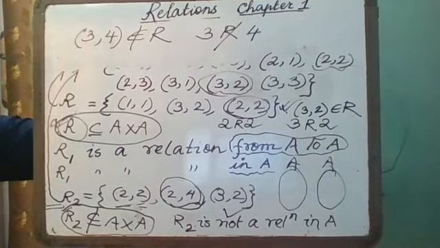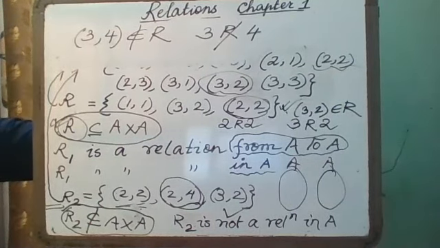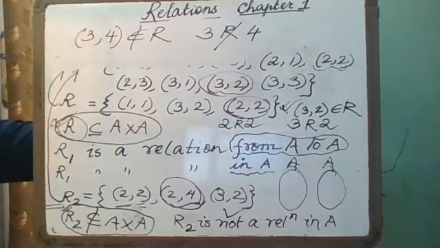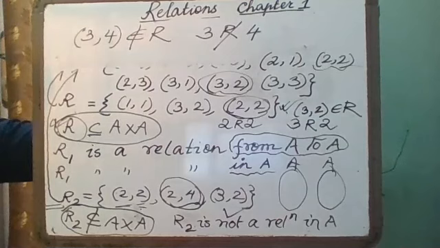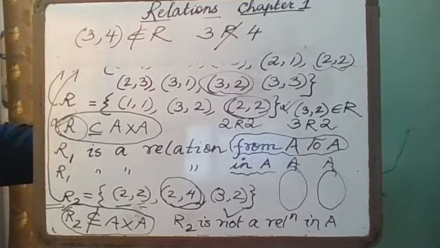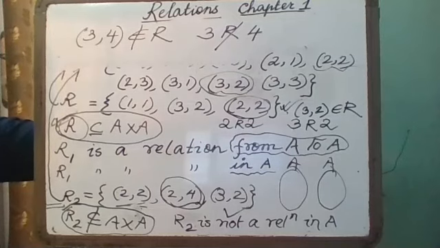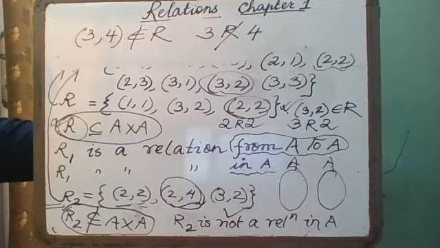Please refer to the example that you have written in your copy. A is a set containing elements 1, 2, 3, 4, 5, 6. And R is a relation given by ordered pair A, B such that A minus B equals 2. So the difference of two elements is 2.